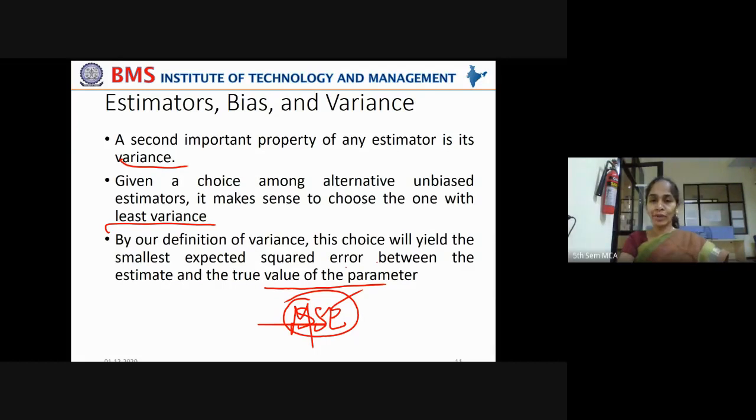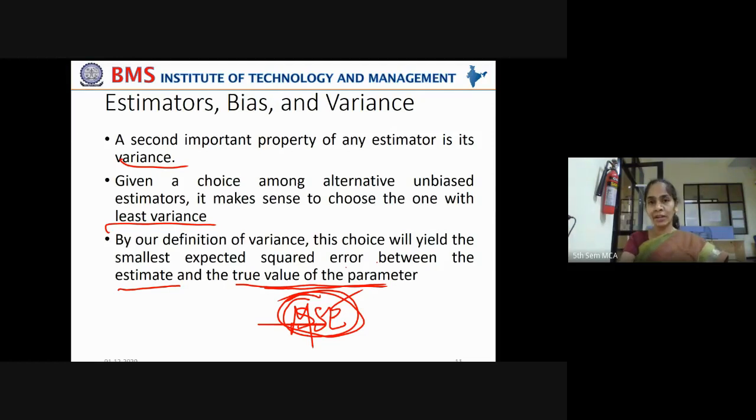By our definition of variance, this choice will yield the smallest expected squared error between the estimate and the true value of the parameter. The difference between the sample error and the true error, when squared and summed up, should be the least. That model should be your choice. The model that gives the least MSE should be your choice.